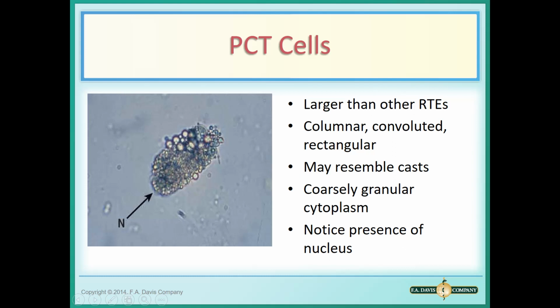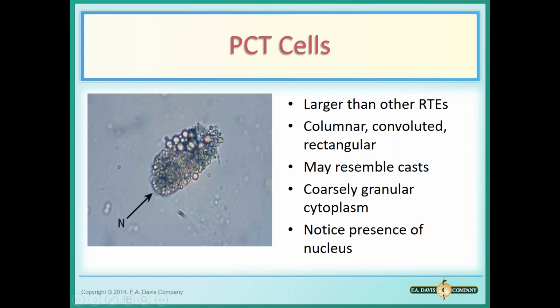The difficulty with this is it's often difficult to distinguish this from a cast, which we're going to review in just a minute. You'll see in a few minutes this looks very much like maybe a cellular cast or a granular cast, much harder to distinguish. We're going to take a look at the cast formation. Casts tend to have a very distinct matrix around the edge, and they don't have this kind of irregularity like this.